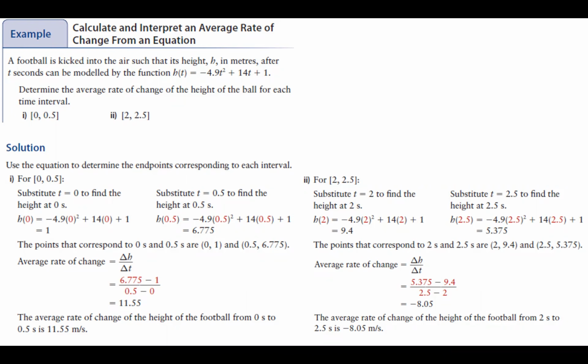So be careful with the unit here, okay? Average rate of change measures the rate of change. So usually we'll have a unit like this. Meters per second or meters per square second or something like that.